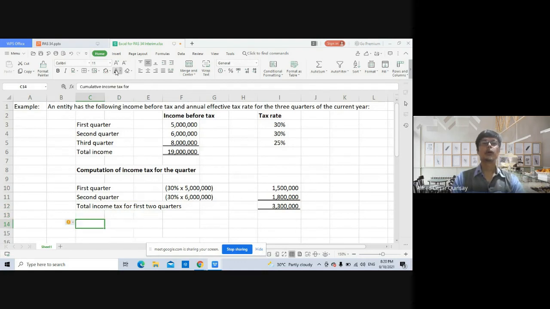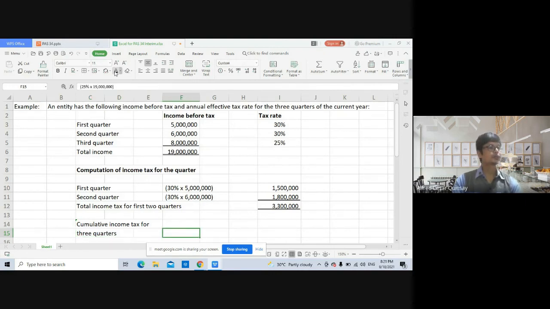Now, upon obtaining the total income tax for the first 2 quarters, we now compute the cumulative tax as of the third quarter.